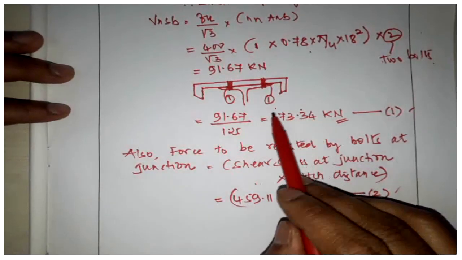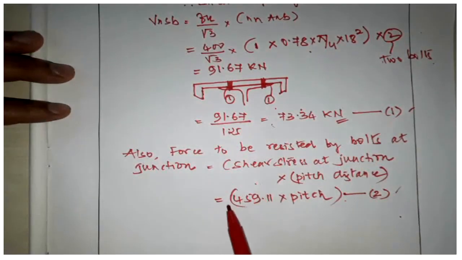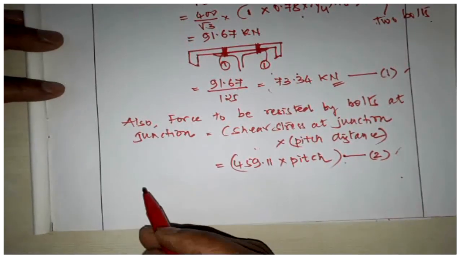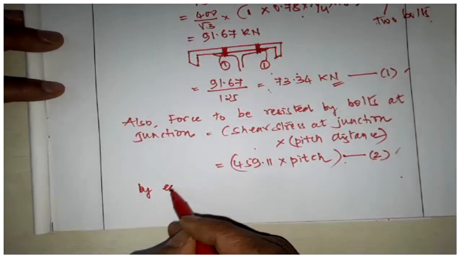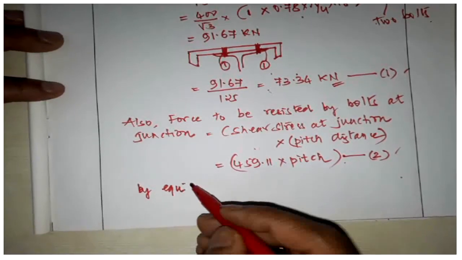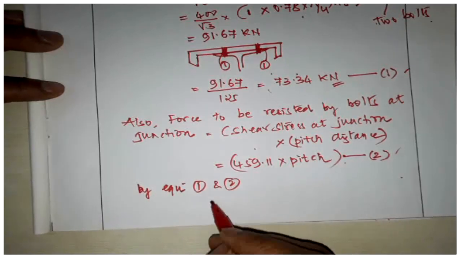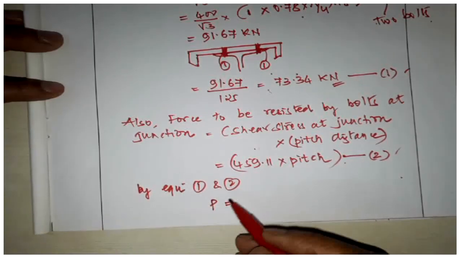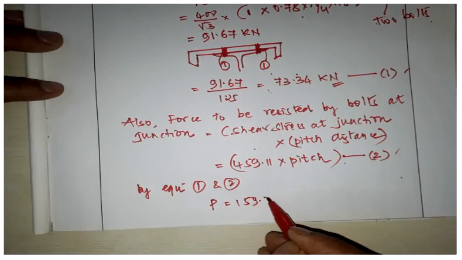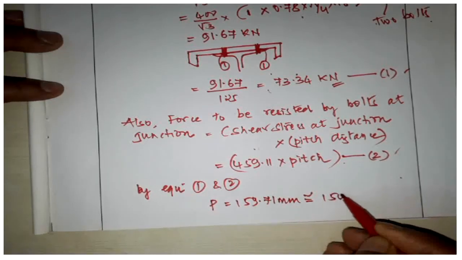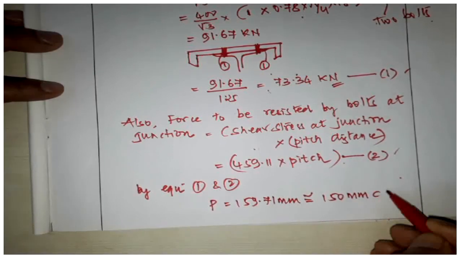So this is the shear strength of a single bolt and this is the shear developed, so into pitch you have to multiply. By equating 1 and 2, we get pitch is equal to 159.71 mm. So I'll consider 150 mm center to center.